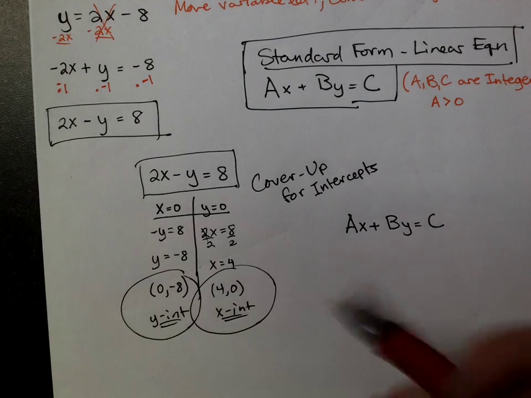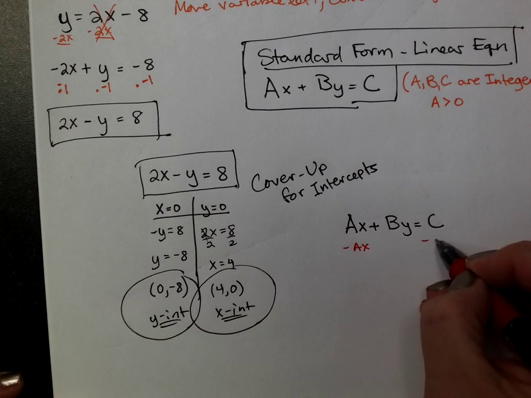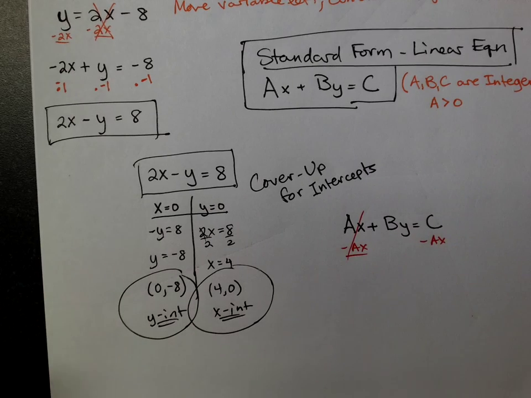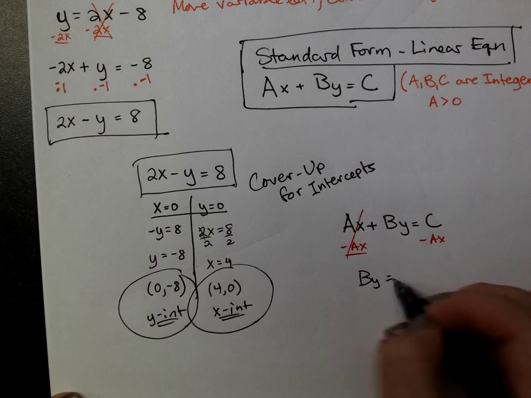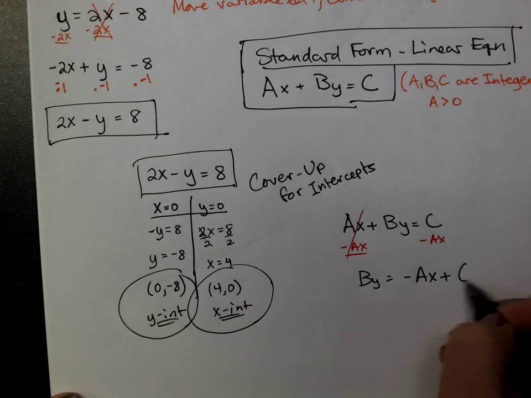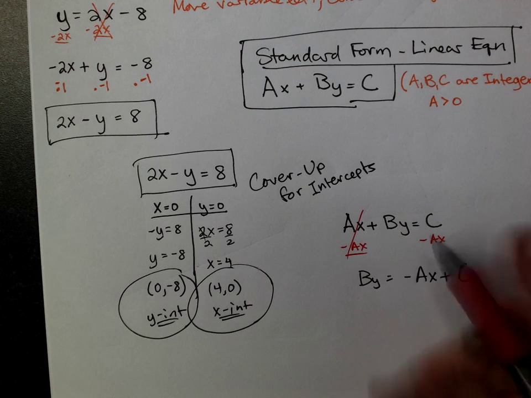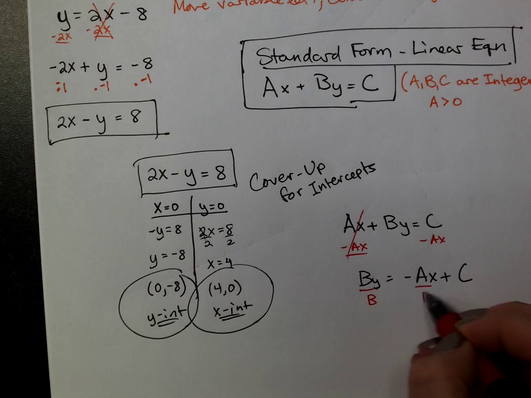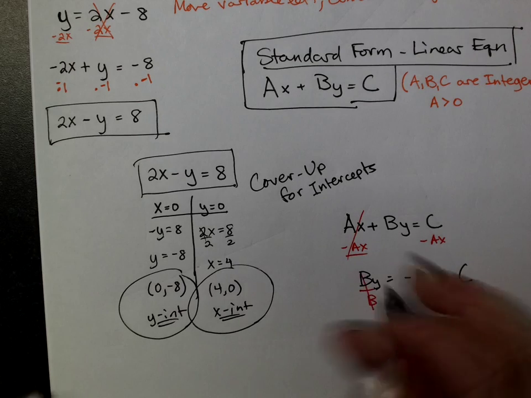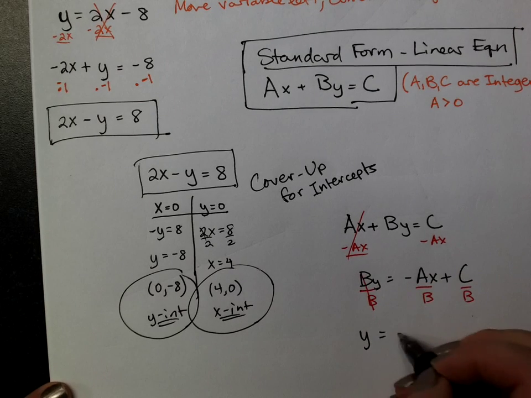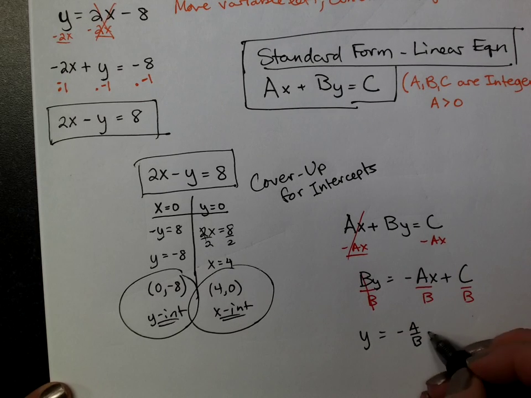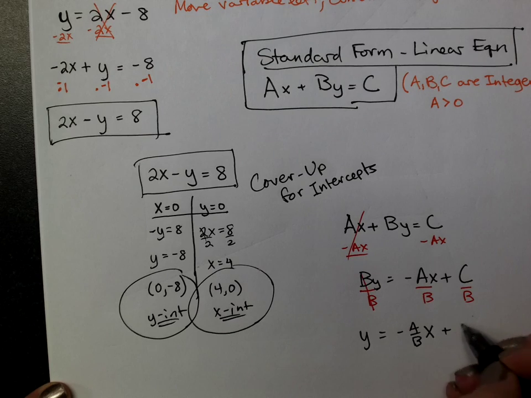That means I do minus ax on both sides, and I get by equals negative ax plus c. Divide away the b from every term, and that gives me y equals negative a over b, pulled out as a fraction coefficient of x, plus c over b.